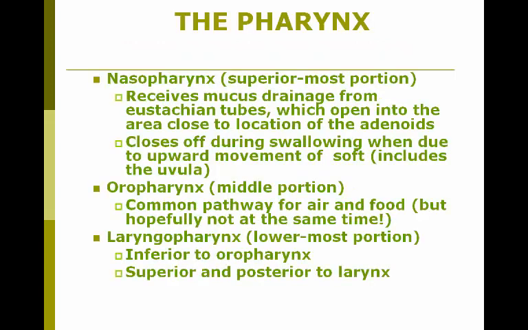So now the parts of the pharynx, or the throat. The superior part is the nasopharynx. The nasopharynx receives mucus that drains down from the middle ear cavity through the eustachian tubes and into the nasopharynx. The eustachian tubes are also called the auditory tubes.